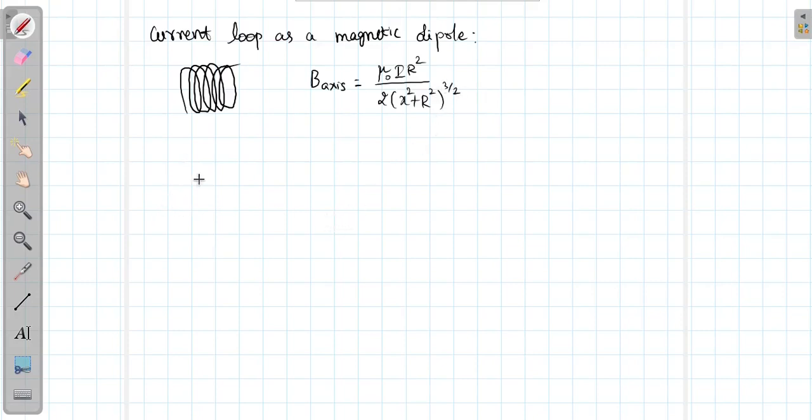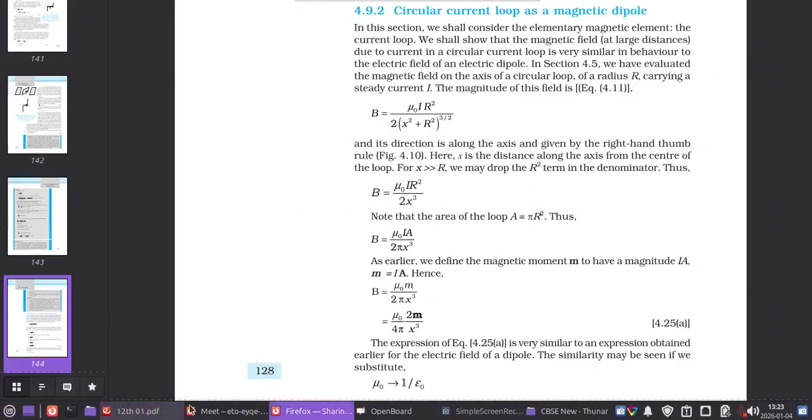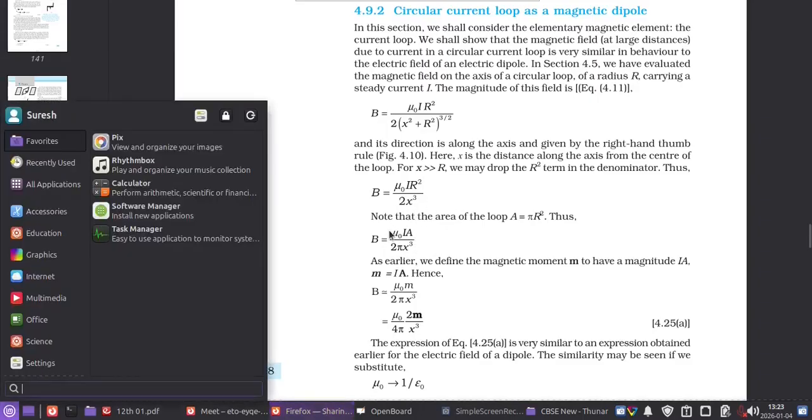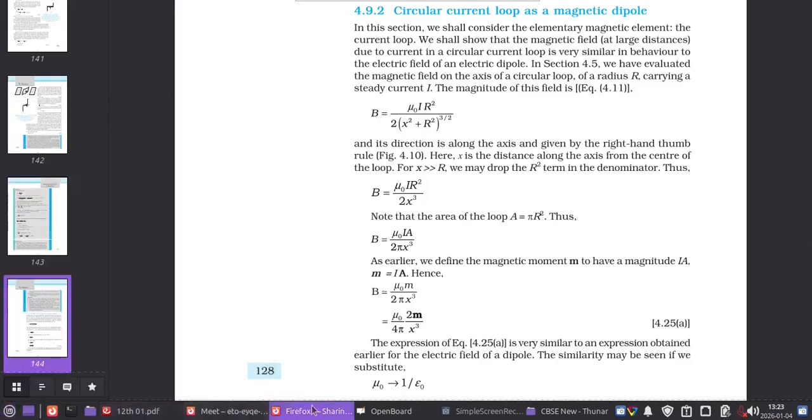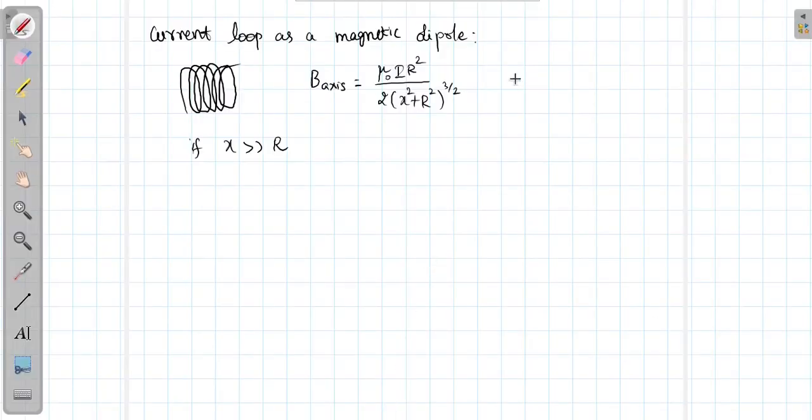See, in case x is very large compared with the radius of the coil, if x is very, very much larger than r, what will happen to this equation? We won't consider r; r becomes 0.